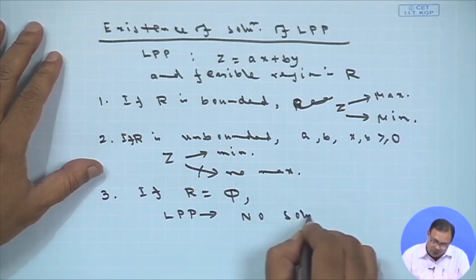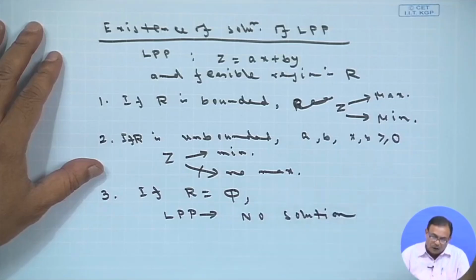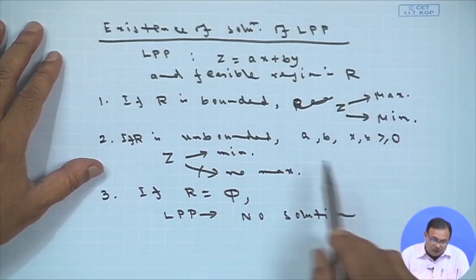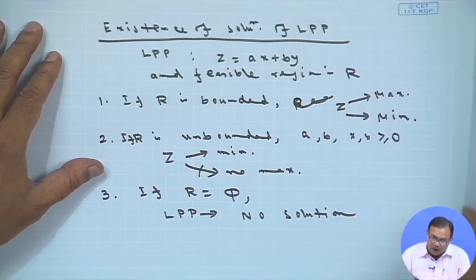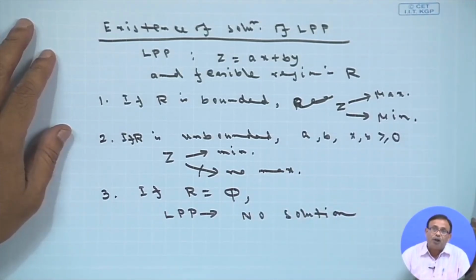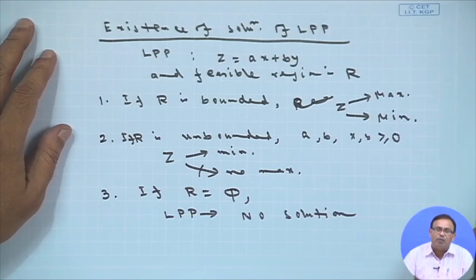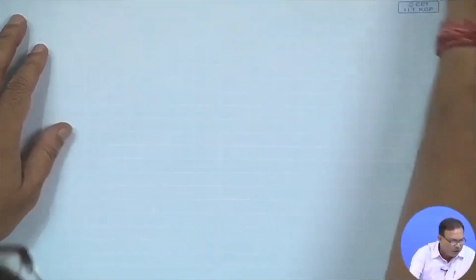So these are the cases. Depending upon boundedness, unboundedness or emptiness, it will either have a solution, maybe unique or an infinite number of solutions, maybe we can achieve only a minimum value for a maximization problem, or no solution.